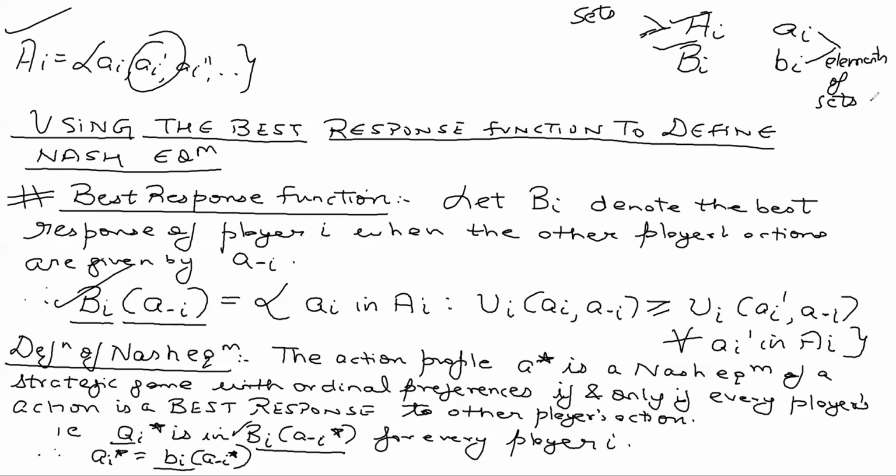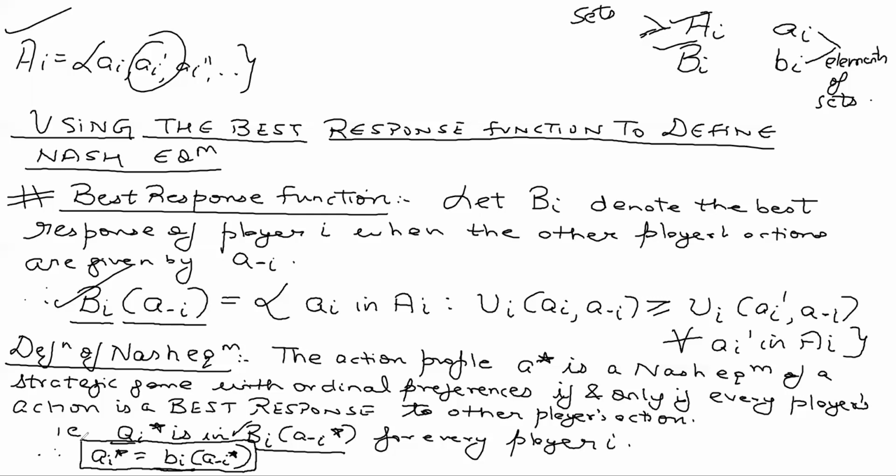So I can say that if I define Nash equilibrium using the best response function, then a_i star should be equal to b_i as a function of a minus i star. That is this which I am fencing in the bottom.